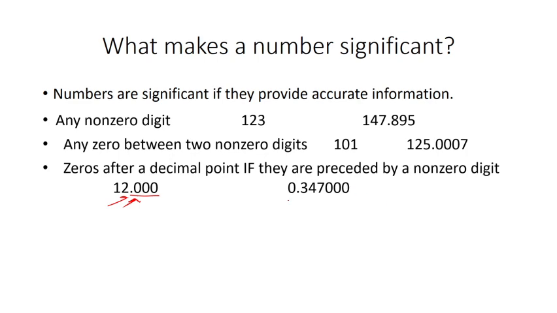Now in this one, this first zero is not significant because there is no non-zero digit preceding it. However, these 3 after, those are significant because they have non-zero digits preceding them. So this number over here has 5 significant digits. This one has 6 significant digits: 1, 2, 3, 4, 5, 6 digits that are significant.